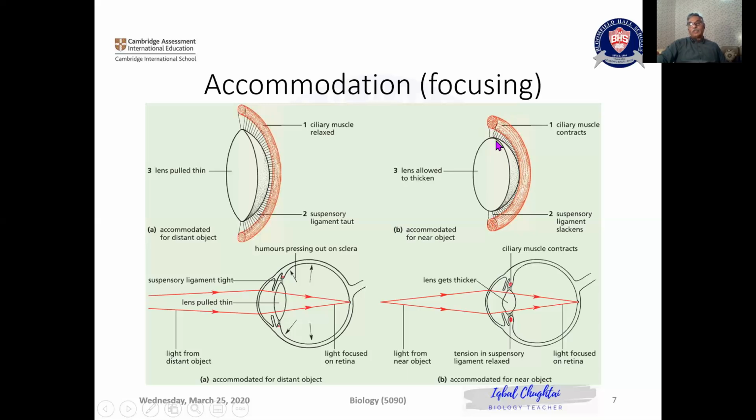At that time, the pressure that had been exerted on the lens is released, and the lens, being elastic, becomes thicker. When it becomes thicker, it can easily refract the light rays reflected from closer objects onto the fovea. So ultimately we can observe the nearest objects clearly, but the distant objects would look blurred.